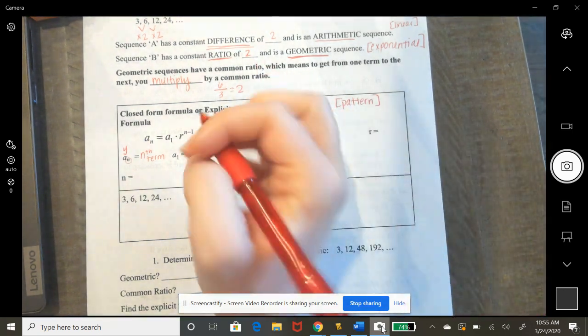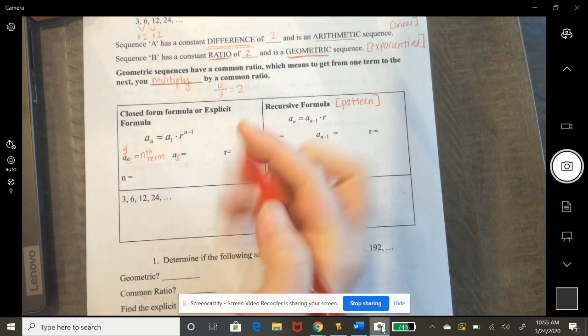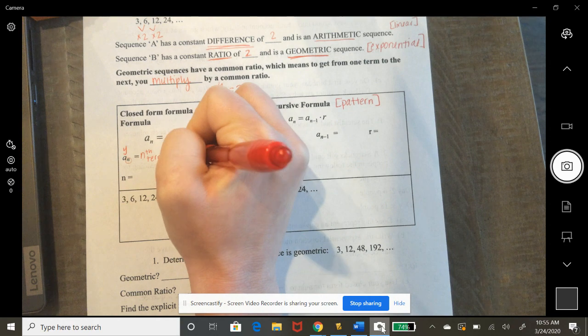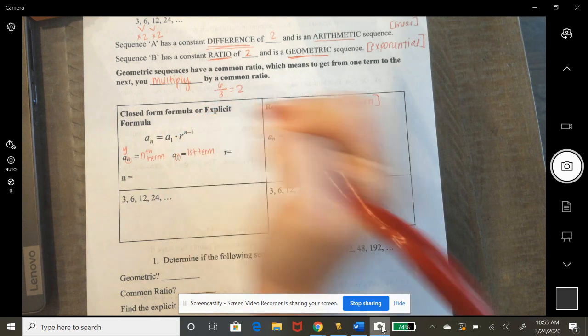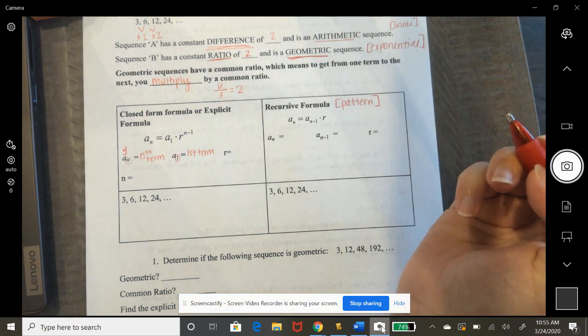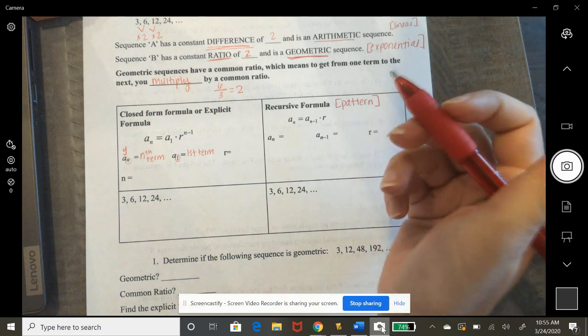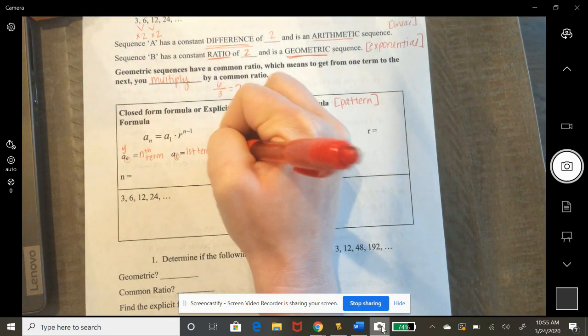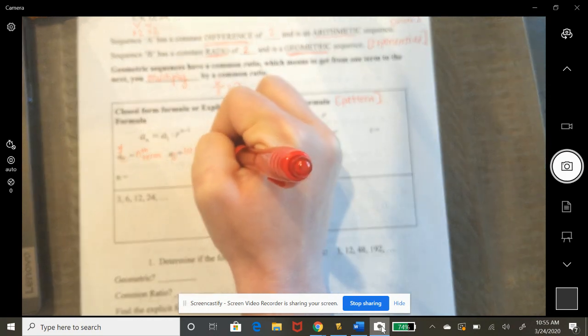Okay, so a sub 1, just like this was the nth term, that's going to represent the first term. And we'll actually put a number in for that value, and don't put, a sub whatever. It's going to be an actual number. Okay, the r represents your common ratio, or what you're multiplying by.